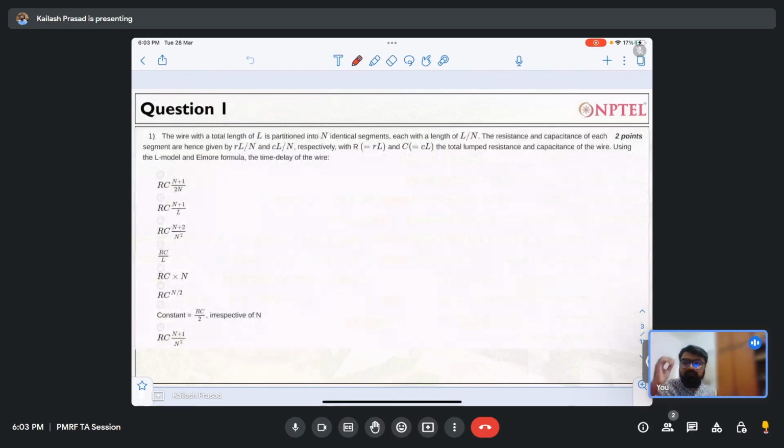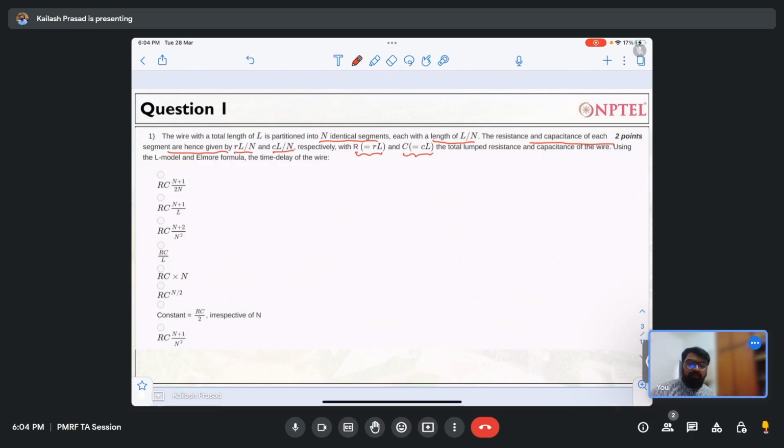Let us start with the very first question. The question says that a wire with a total length L is partitioned into n identical segments, each with a length of L by n. Then the resistance and capacitance of each segment are given by RL by n and CL by n, with R equal to RL and C equal to CL.